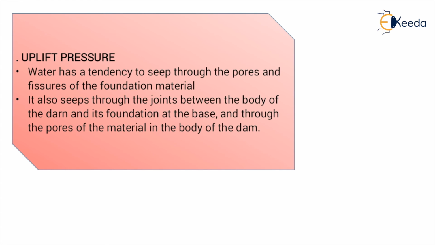Terzaghi and Levy-Baskis, the propagators of a second school of thought, recommend that the effective area may be taken approximately equal to the total area when finding the uplift pressure. The present practice in design is to follow the USBR recommendation. According to this recommendation, we can find the uplift pressure. We have an Indian standard recommendation also. For this uplift pressure, we use the IS 7894-1975 code.